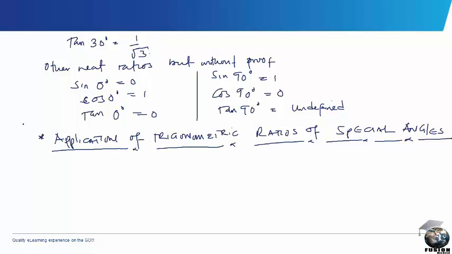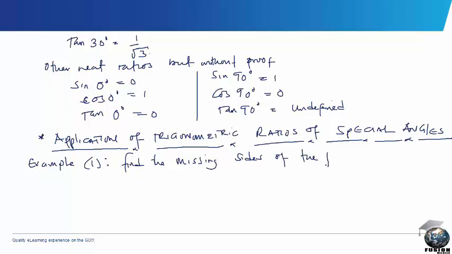All right, so the first example I want us to consider here is example 1. Example 1 is given as: find the missing sides of the following triangle.